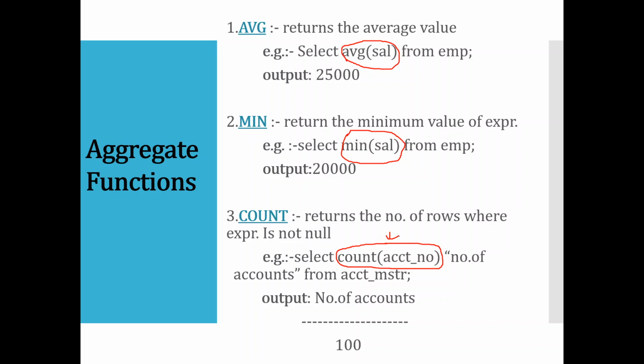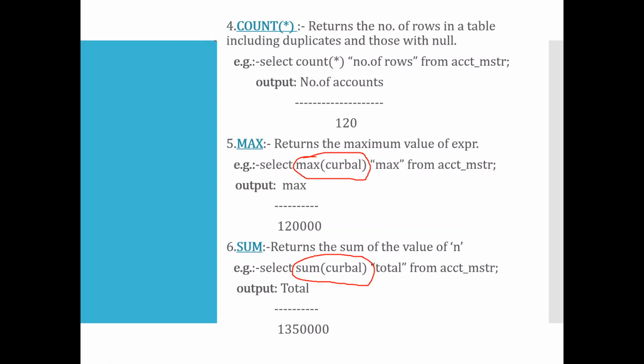If a column value is null, that is not going to be considered in counting. If you have empty space as a value in a column, that particular part will not be considered in a counting.